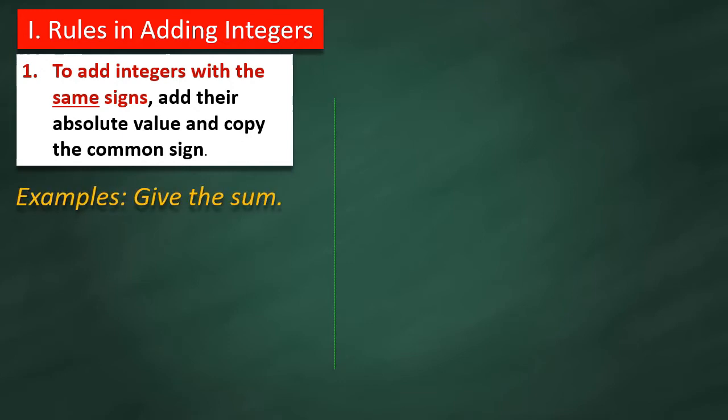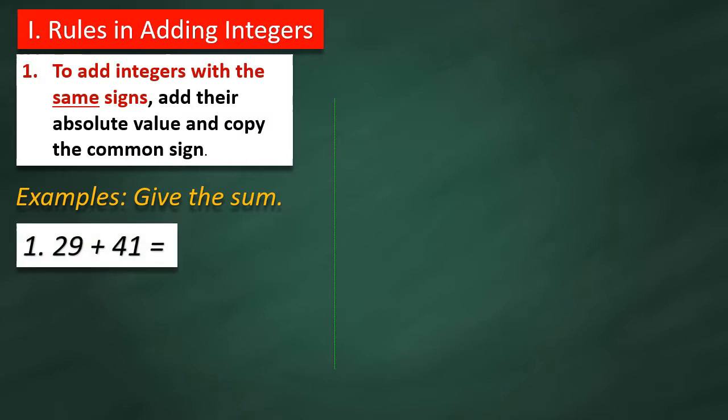Number 1. 29 plus 41. We first get their absolute values. The absolute value of 29 is equal to 29. For 41, it is equal to 41.